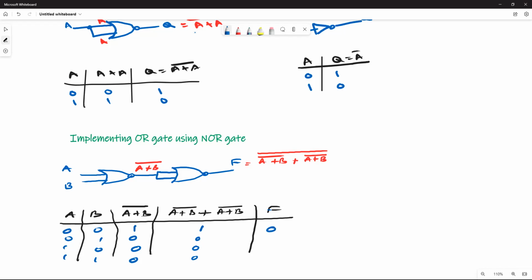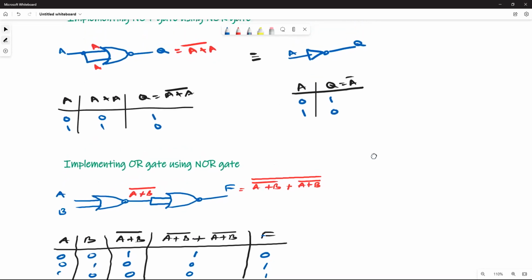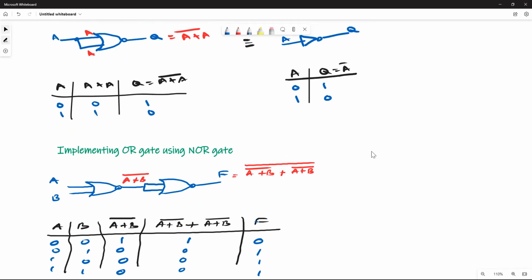Then to get F, you know that you have to get the complement of this. That means this is 0, 1, 1, 1. Which means this is similar to an OR gate. We have an OR gate. If this is F or Q, earlier we have used Q, so better we use Q here as well.